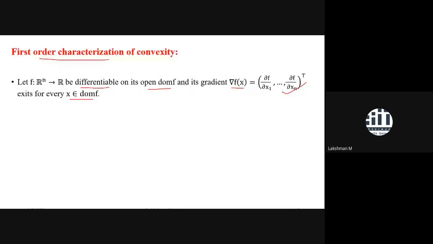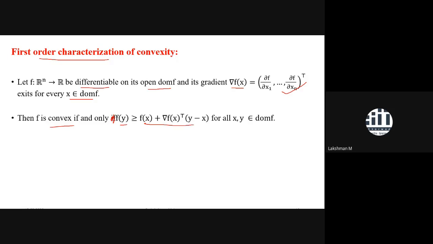Then the function is convex if and only if f of y is greater than or equal to f of x plus the gradient times y minus x. This one is an affine function. What is this function? This is your tangent function.